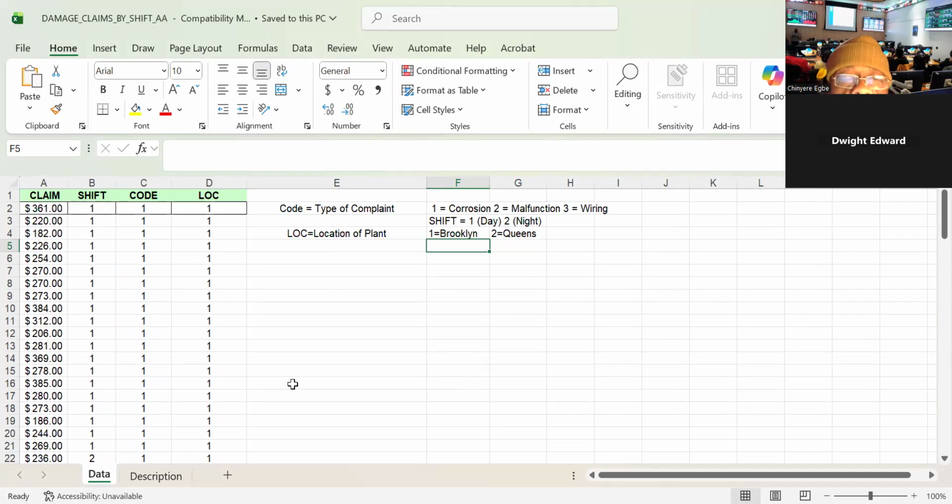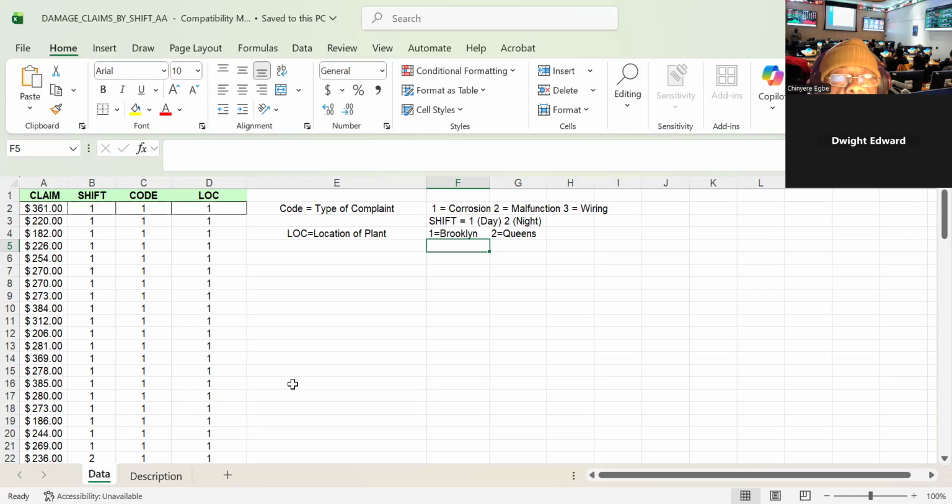We are looking at claims for damaged goods. In this manufacturing plant, which is part of your homework assignment, there are two shifts. There is a day shift and there is a night shift.